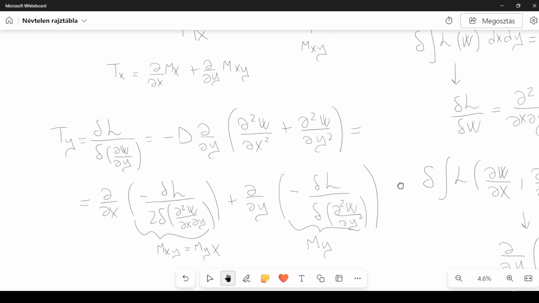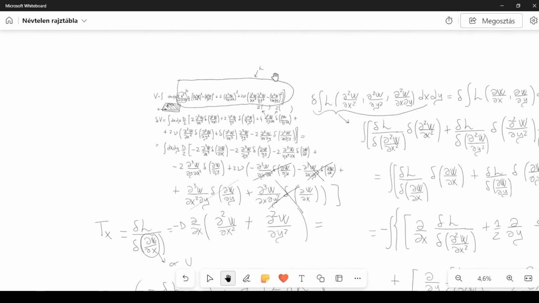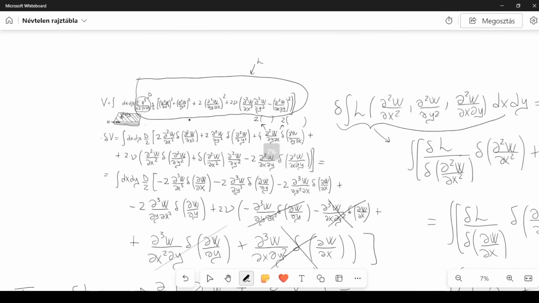So you get something similar to what we did earlier, and you can calculate mx, which is minus the change in L with respect to the change in d squared w dx squared. To calculate this, you have to consider the expression with respect to the second derivatives here, where we expanded the change in the Lagrangian with respect to the second derivatives.